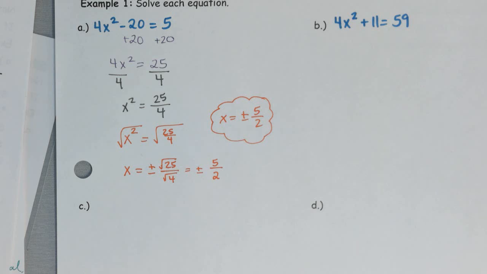Alright, and then once you get to your square root, we are going to be writing those in simplest radical form. So that might be something that you remember from geometry.